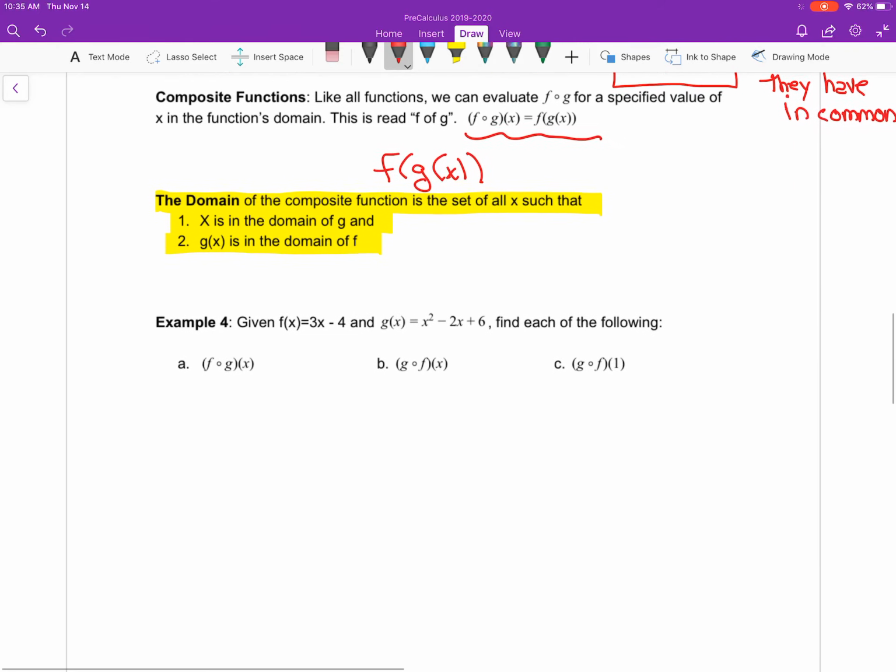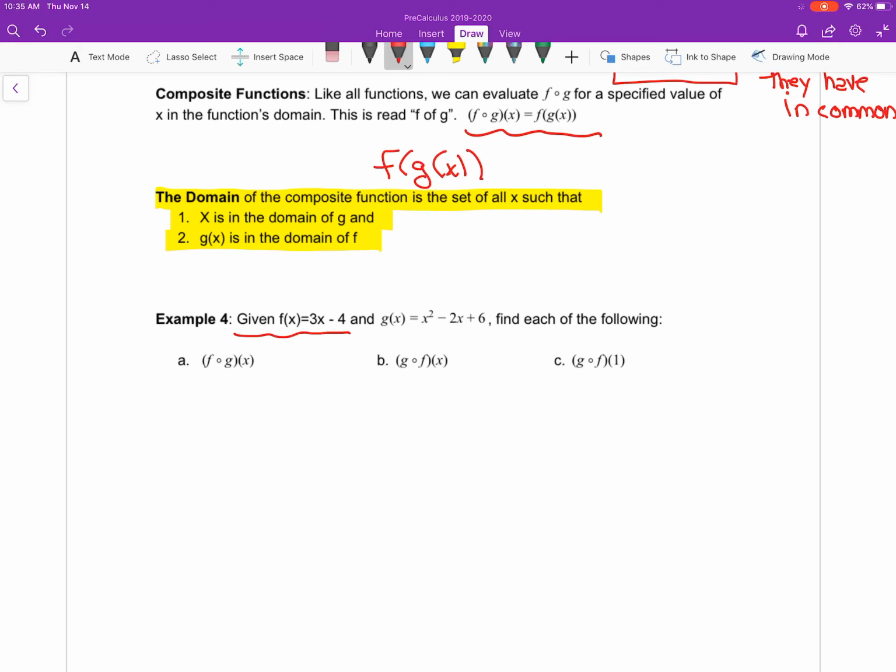So we have these two functions, f of x and g of x, and we want to find f of g of x. So that means I am literally going to take g of x, which is up here in green, and substitute it in the parentheses right here. And that means now I'm going to find f of this function.